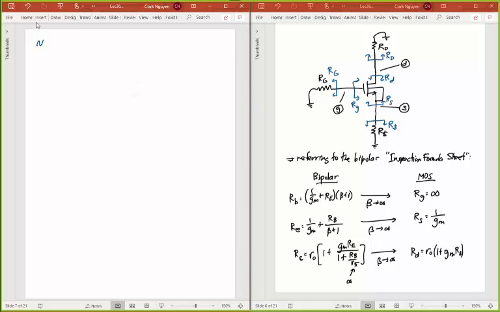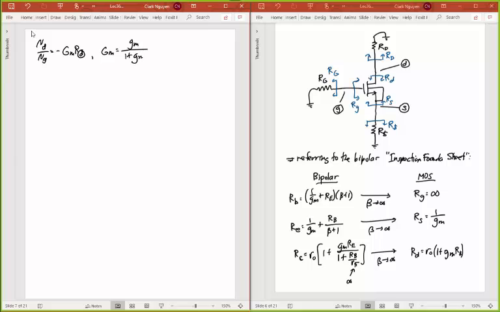I want the gain from my gate to my drain. Well, that's the same as the base to collector gain, and so this is going to take on the same equation. So that's GM times RD, where that RD is all of that resistance in shunt with that node. But remember, for the bipolar case, we had a certain equation for GM, where the MOS case is going to be exactly the same.